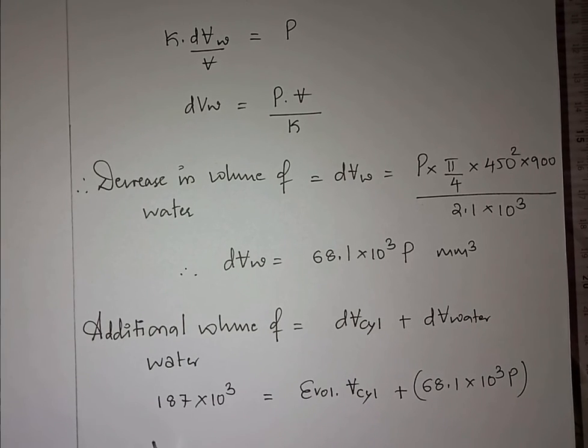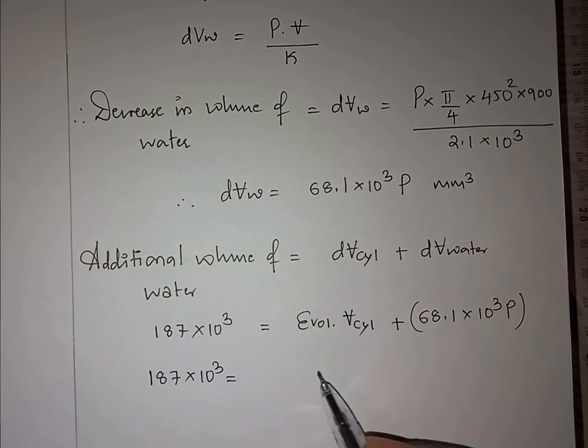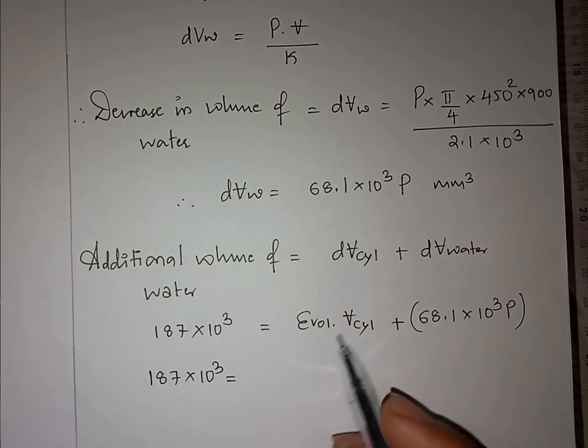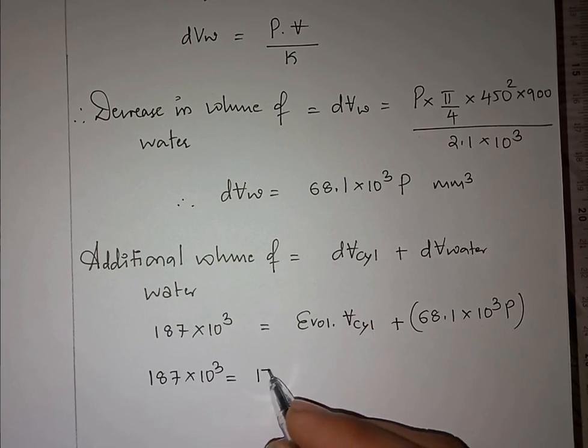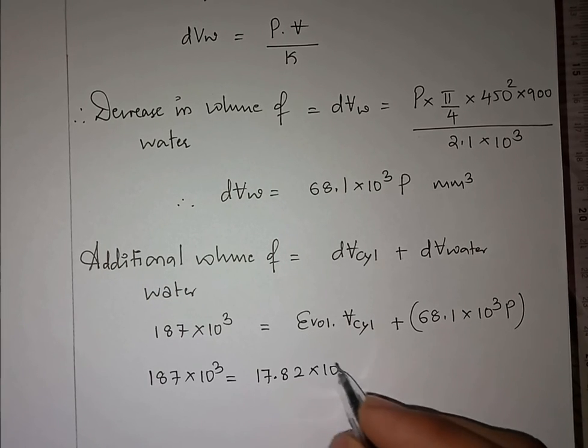So calculating further, 187 into 10 raised to 3 is equal to the volume of cylinder and epsilon volumetric for cylinder. Epsilon volumetric for cylinder I have already calculated, 17.82 into 10 raised to minus 5 p.